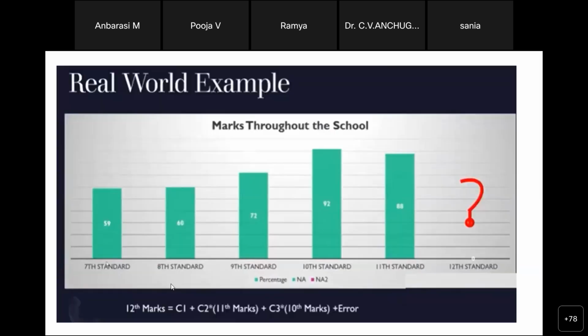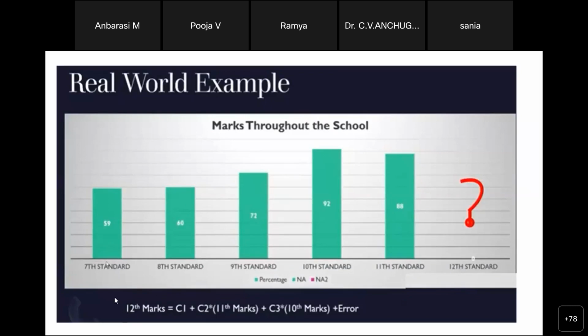Here is an example. Suppose you have a student's marks details throughout school. In the 7th standard, the student got 59 marks, and in the 8th class, 60. Similarly, we have some marks for the 9th, 10th, and 11th.